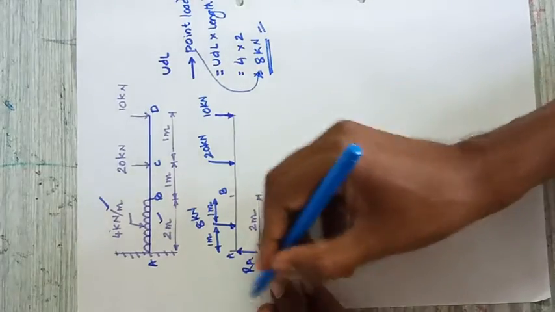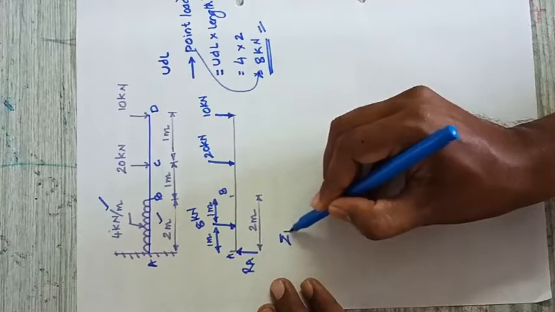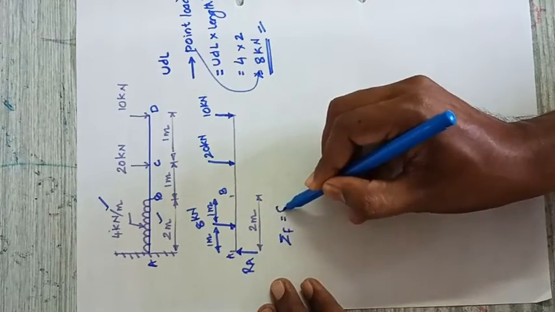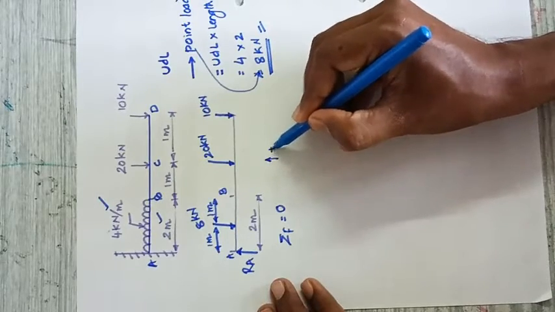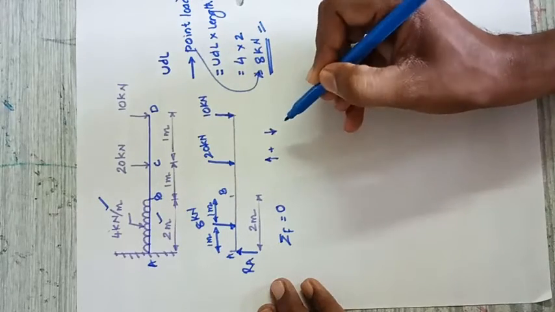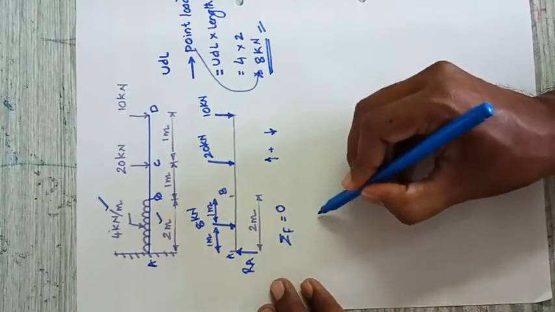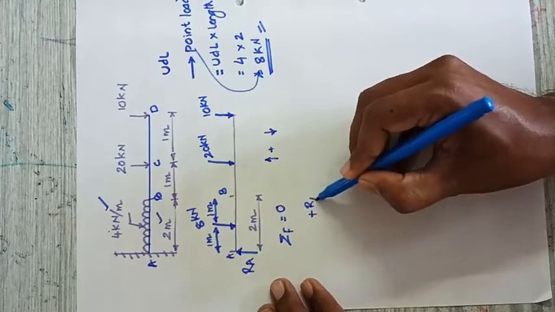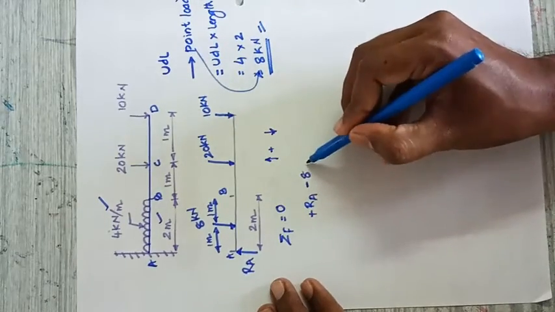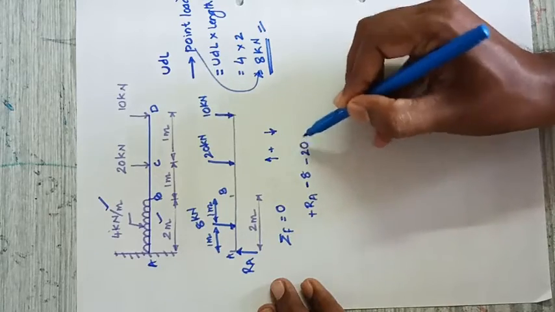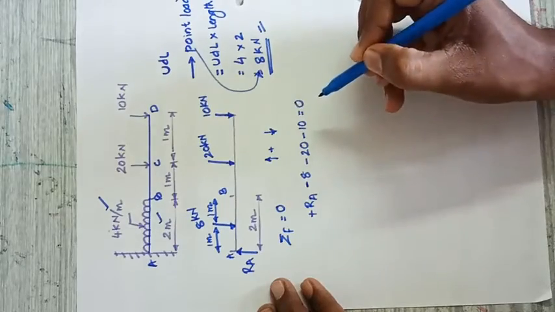Here we have only one unknown, so we will use only the summation of forces. Equilibrium of forces is equal to 0. We will take upward as positive and downward as negative. So RA minus 8 for the point load minus 20 minus 10 is equal to 0.